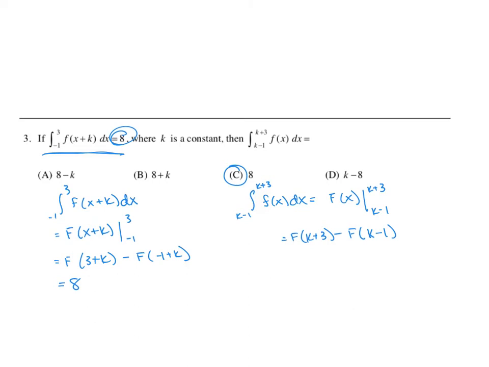Now that happens to be what we got over here when we just played around with the first part. And we were told that that was equal to 8, so this has to also be equal to 8. So a lot of these involve just playing around and seeing if you can find a relationship between the two problems that you're given.